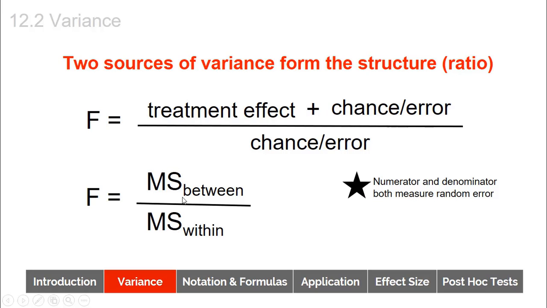Now we've already said that the variance between the different groups is a function of the treatment effect plus that random error, and the variance within the groups is simply random error. And so the numerator and the denominator are both measuring random error, but the numerator also measures differences that can be attributed to the treatment.